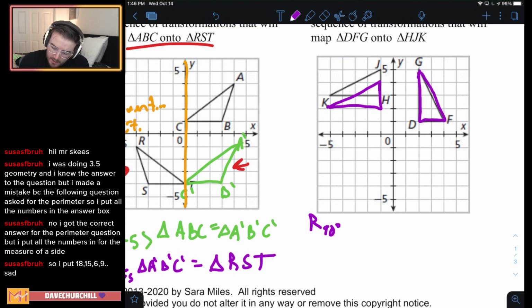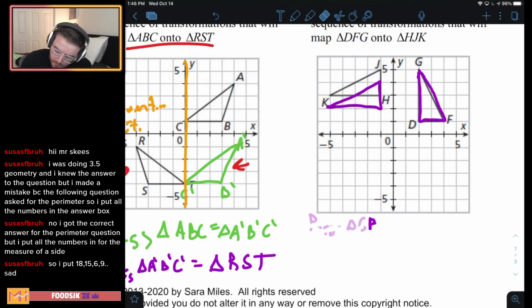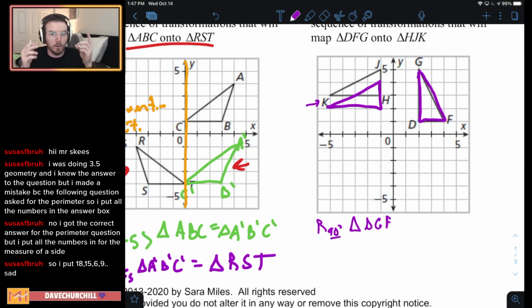So when you rotate the triangle DGF 90 degrees, you end up right here. If you remember the rules, we've used them before. I mean, I don't have them memorized. Neither do you, right?